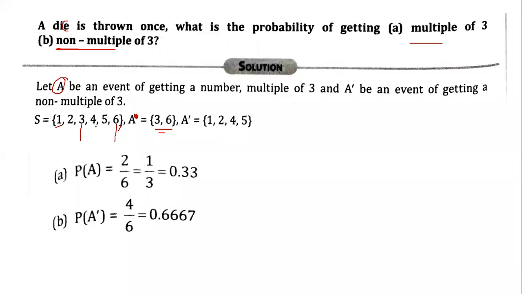Only 3 and 6 are multiples of 3. So A dash will become 1, 2, 4 and 5, because 3 and 6 are already considered here. So the total sample space is 6. Out of that, 2 numbers are multiples of 3 and 4 numbers are not.